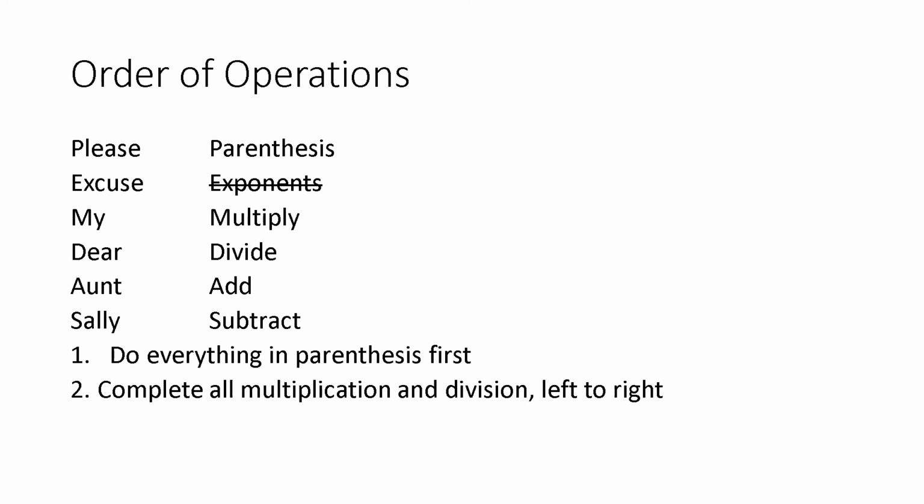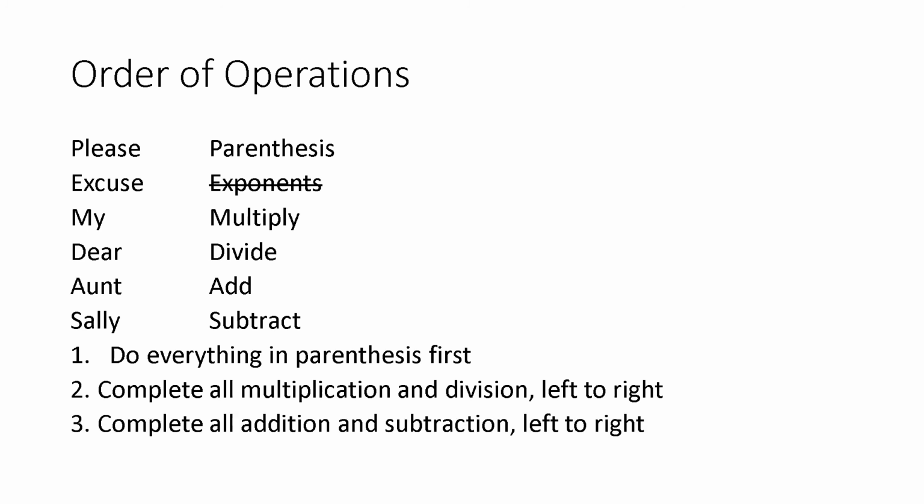I know that it's written multiply first and then divide. We're just looking to see what shows up first. Maybe going left to right, your first problem is division instead of multiplication. After you've done all of your multiplication and division, you'll do all of your addition and subtraction also going from left to right, whichever problem shows up first.